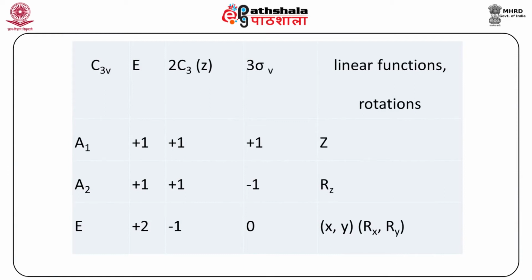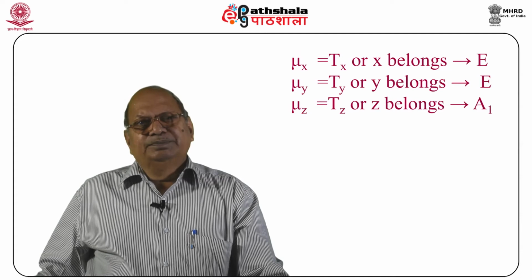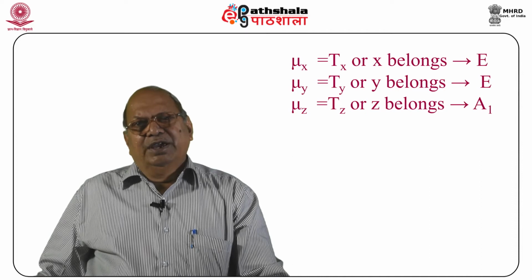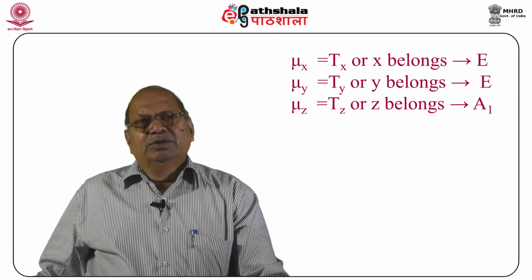Using again the character table of the C3v point group as given over here, the symmetries of these vectors, that is of x, y, z or Tx, Ty, Tz vectors, are obtained, and these symmetries are listed as follows. Mu x represents Tx, or you can say x belongs to E, or mu x has the same symmetry as that of the E irreducible representation. Similarly, mu y is equal to Ty, or y belongs to E symmetry.